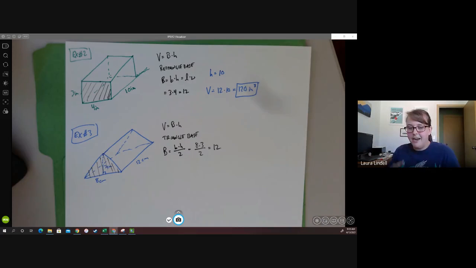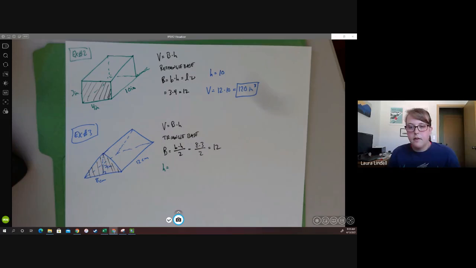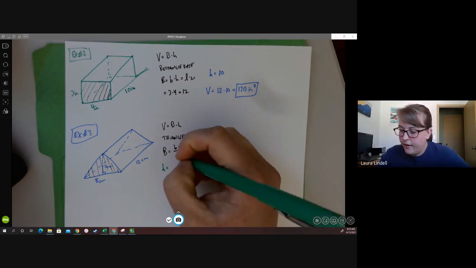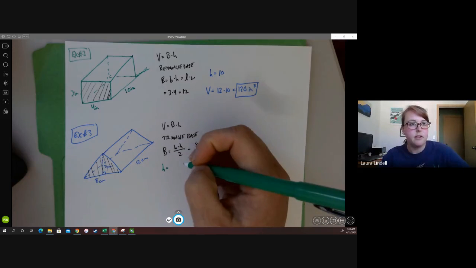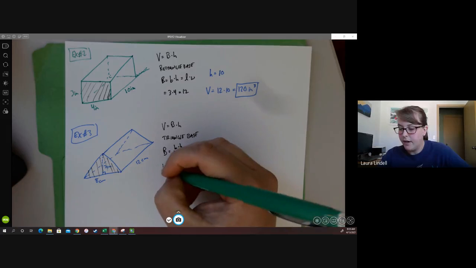And then what's the height of this whole cylinder going to be? Or not cylinder, the prism going to be? This is a part that sometimes people get confused by, because we also deal with a height in the area of the base formula. But this is going to be a different height.